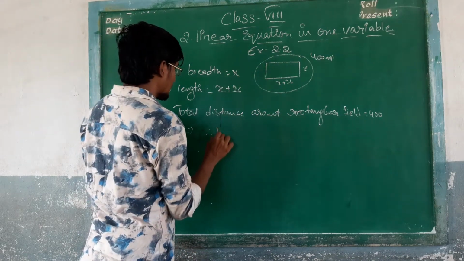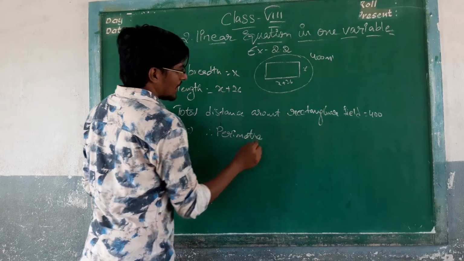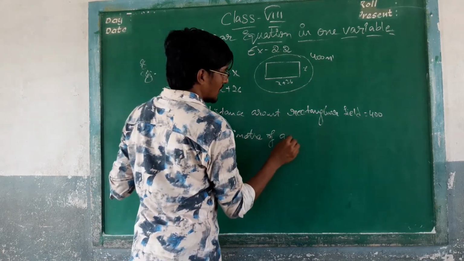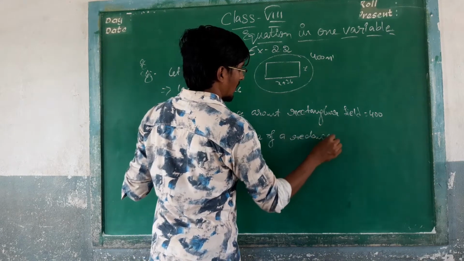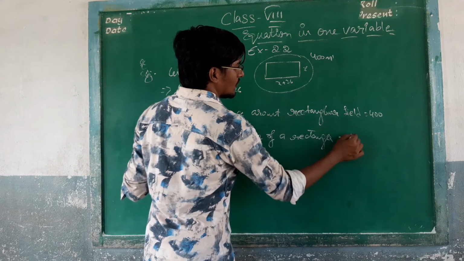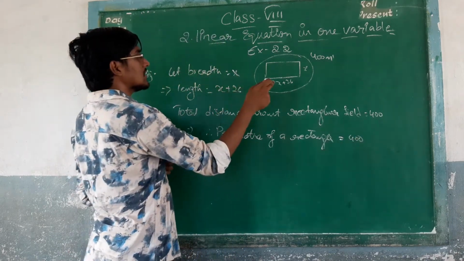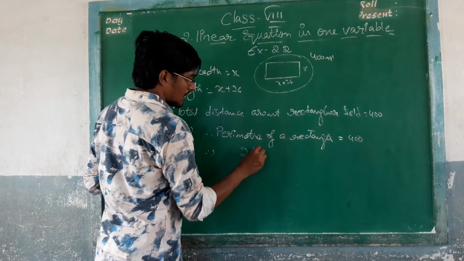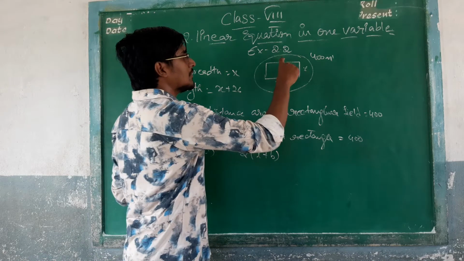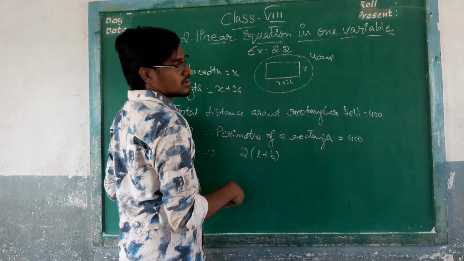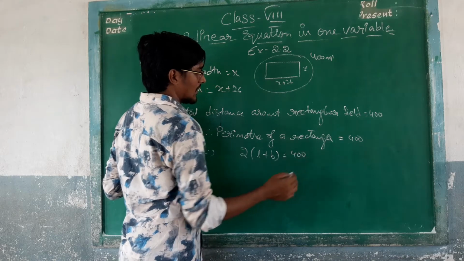Therefore, the perimeter of a rectangle equal to 400. The perimeter of a rectangle means 2 into L plus B. Why? Because here there are 2 lengths and 2 breadths. So 2 into L plus B equal to 400.